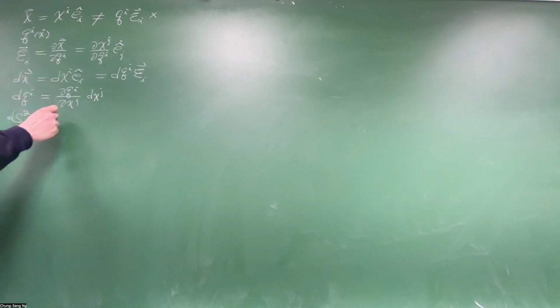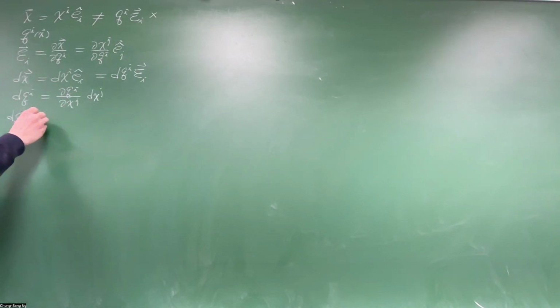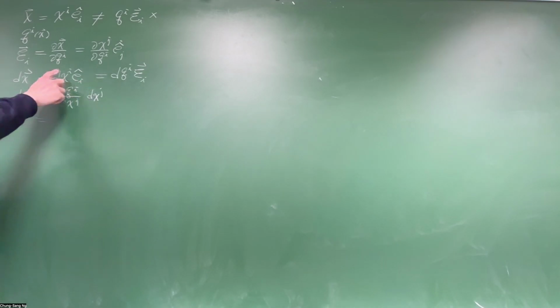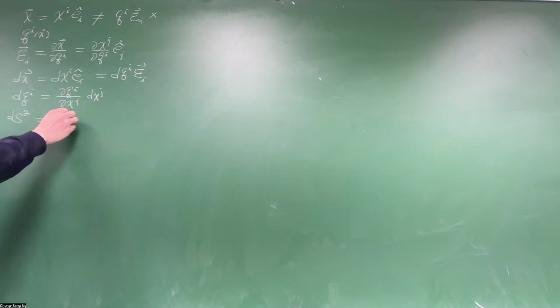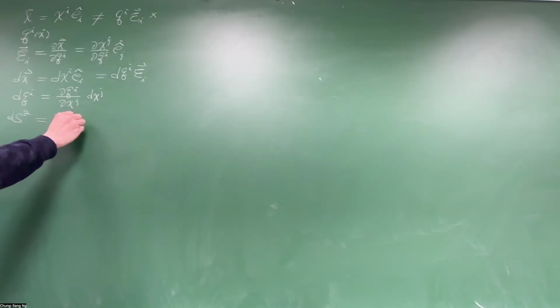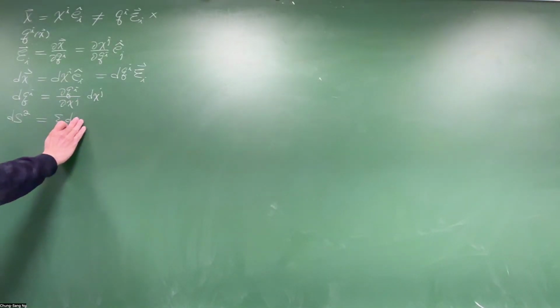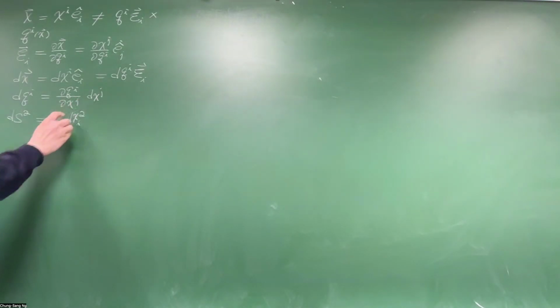the ds squared, which is like the norm of the displacement change, I mean a little differential dx. So in Cartesian, obviously it's trivial. It's just the sum over i of dx_i squared, right?